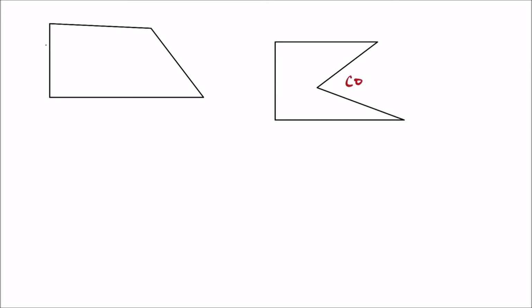Or we can have a figure where we have a little bit of a cave. There we go. If you have this little cave, imagine it like a little mouth. That would be a concave figure. I like to remember that because these concave figures cave in on themselves. So this one would be concave, and this other one would be convex.